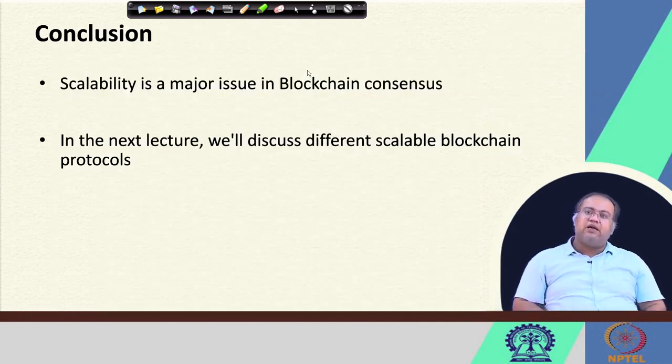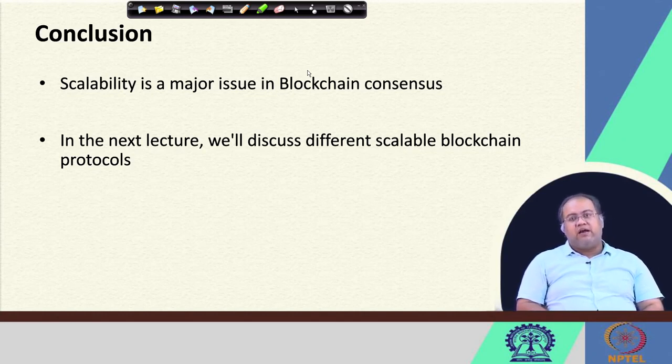Now, in terms of these consensus algorithms in blockchain, as we have seen earlier and tried to compare between proof of work and PBFT or the BFT consensus in general, what we see is that scalability is a major issue in blockchain consensus. The consensus for the permissionless model has limited transaction throughput, whereas the consensus model for the permissioned blockchain that uses the Byzantine agreement protocol is limited in terms of number of nodes it supports.